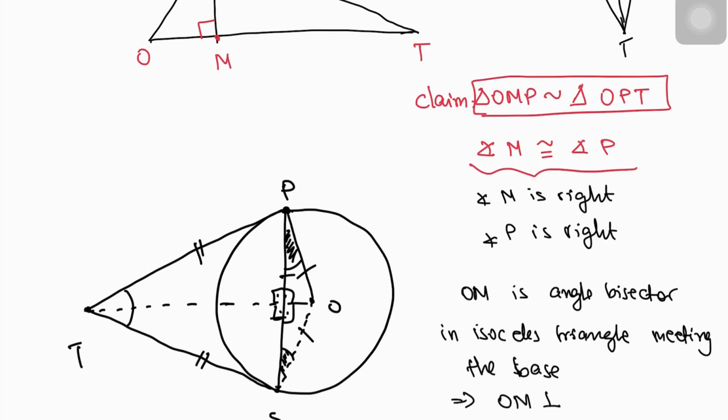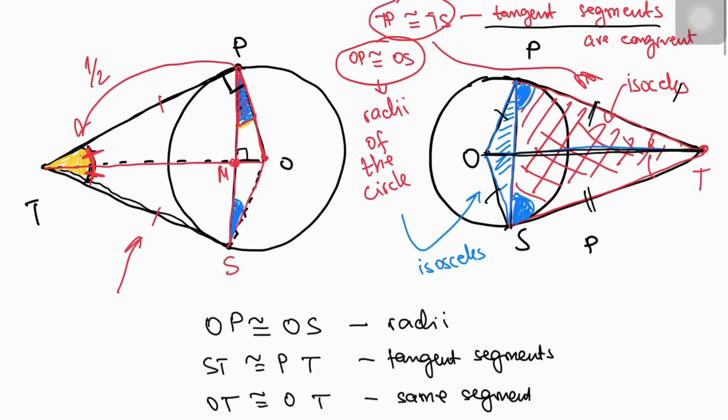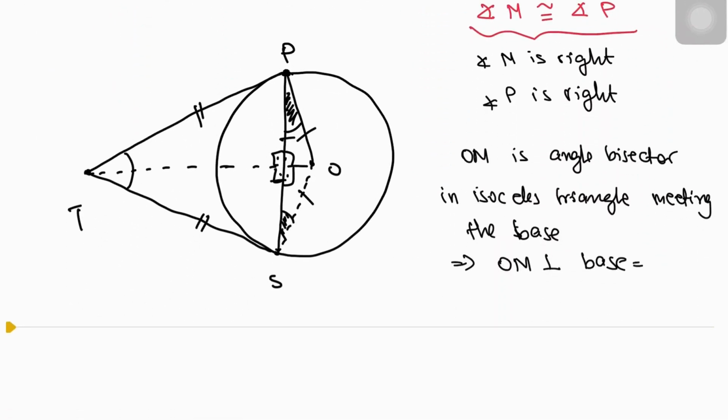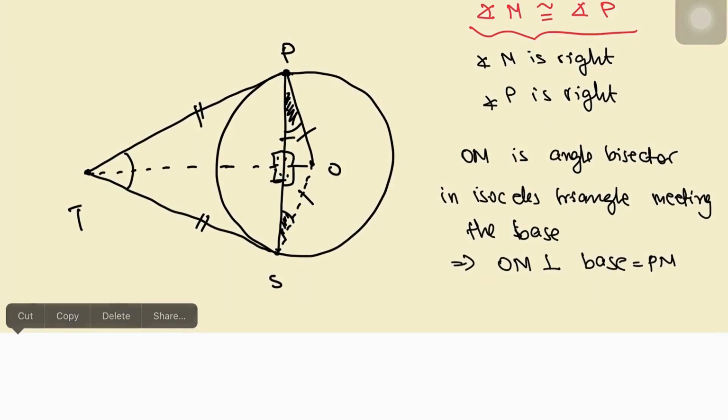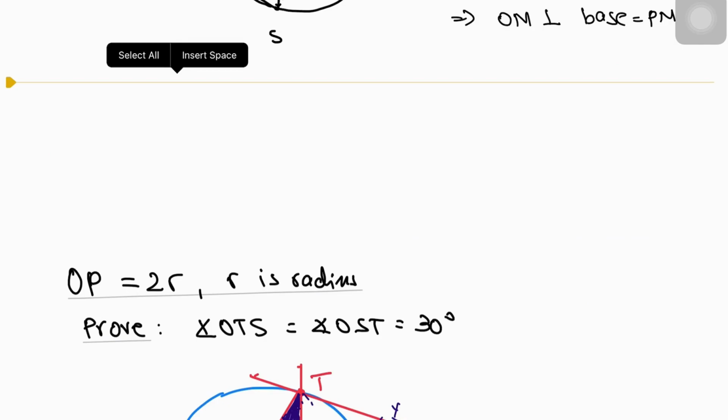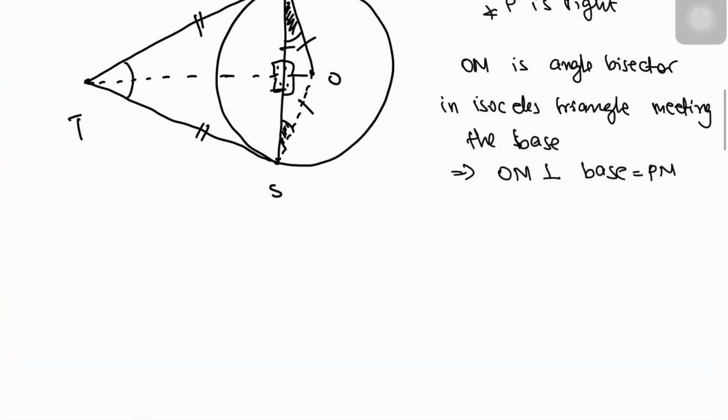Therefore OM is perpendicular to the base, which if you look here, means that OM is perpendicular to PM. So OM is perpendicular to PM, and on the other side, here again you can see that here is a right angle, here is M.